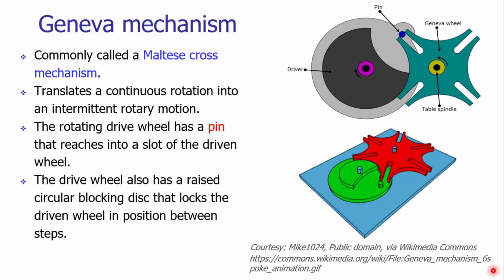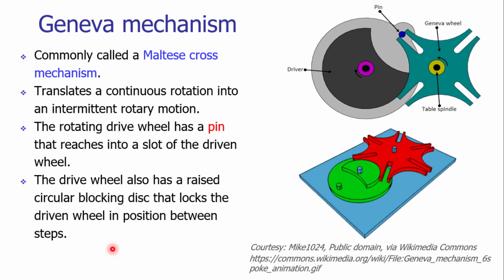The next important mechanism is the Geneva mechanism. This is very widely used in indexing operations in the industry. This mechanism is also called the Maltese cross mechanism. Till now we have seen that the linear motion of the rack is converted into intermittent rotary motion.